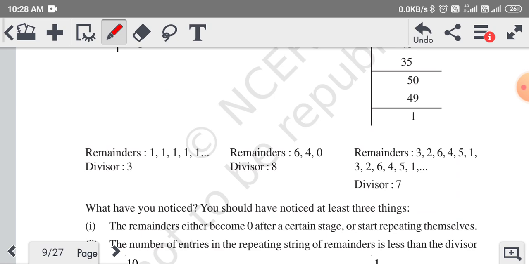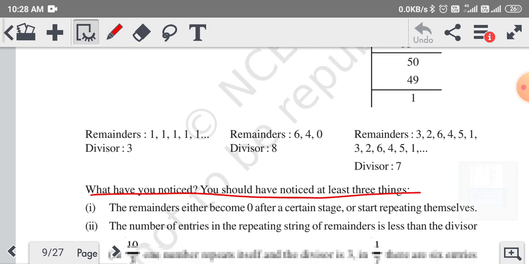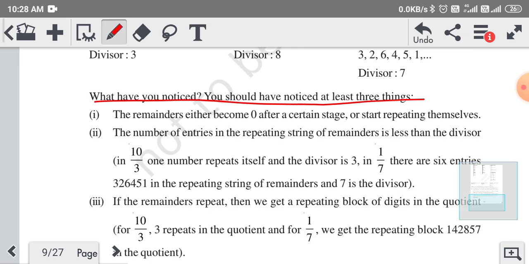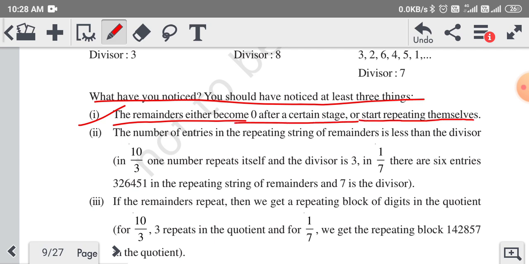So what have you noticed? You should have noticed at least three things. First, the remainders either become 0 after a certain stage or start repeating themselves. Second, the number of entries in the repeating string of the remainders is less than the divisor. In 10 by 3, one number repeats itself and the divisor is 3.